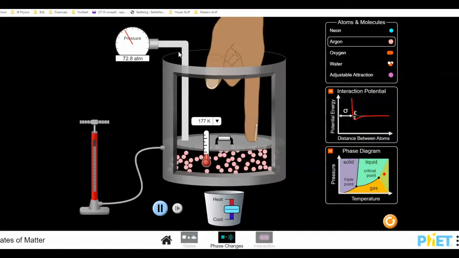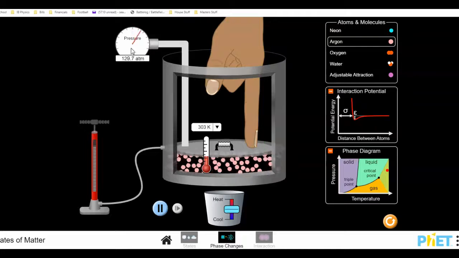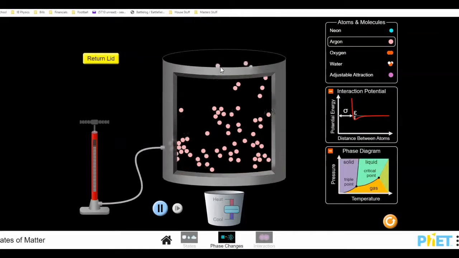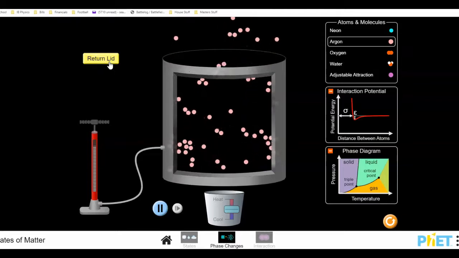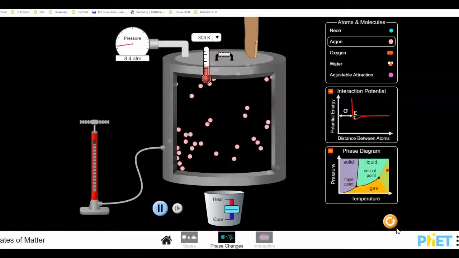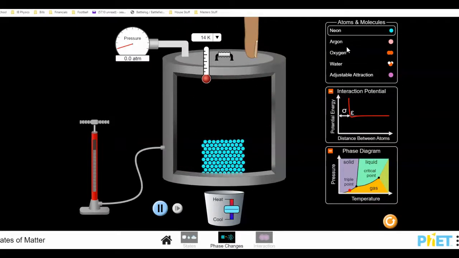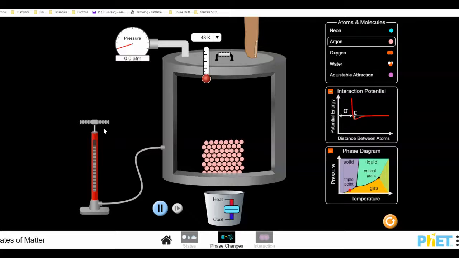Now, what about this pressure? Well, we saw the pressure went up from 0. Okay, and so if we keep compressing it more, the pressure goes up more. So clearly, if the pressure gets too high, the thing blows up. That's bad. So clearly, we know from the observations, pressure has something to do with the number of gas particles we had, because as we added more gas, the pressure went up.